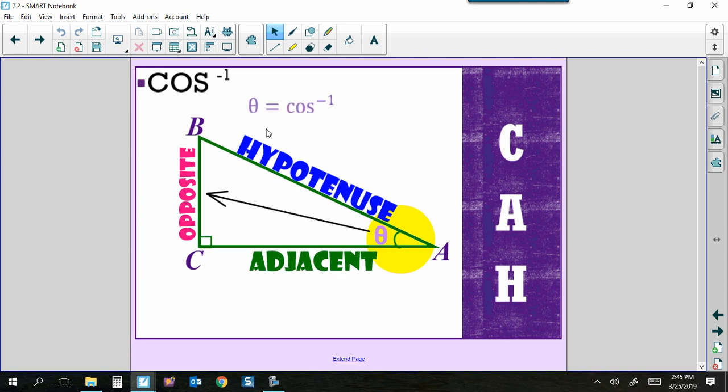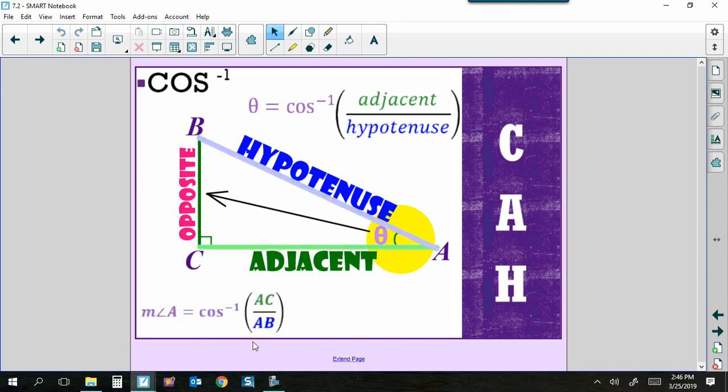Theta is going to be equal to the inverse of cosine, and here we have our SOHCAHTOA reminder, A over H, so it's going to be adjacent over hypotenuse. The negative 1 just means that we divided the word cosine from this side, where it was yesterday, to the right side of the equation. So for this particular problem, the measure of angle A is equal to the inverse of cosine times AC over AB.